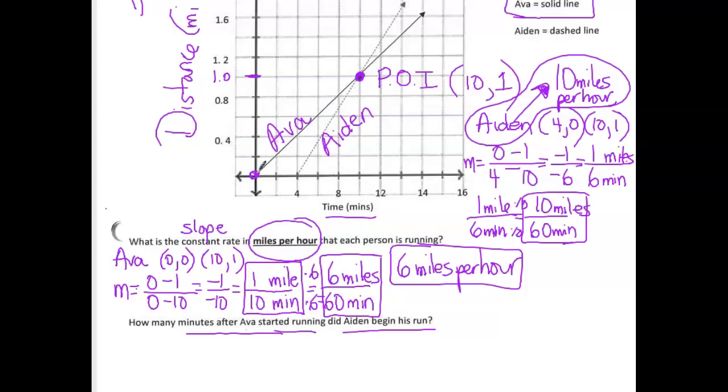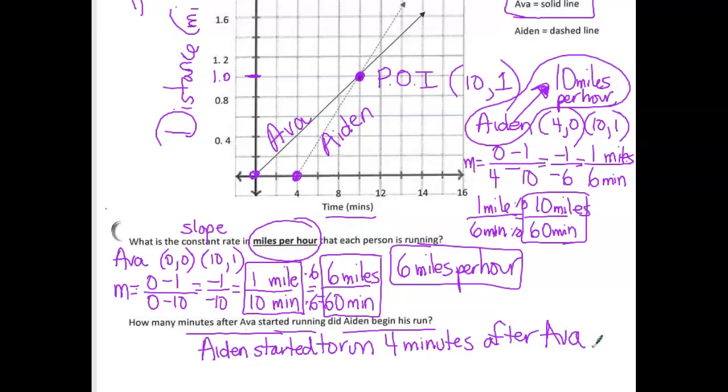So Aiden started 4 minutes after Ava. So I'm going to say here, Aiden started to run 4 minutes after Ava.